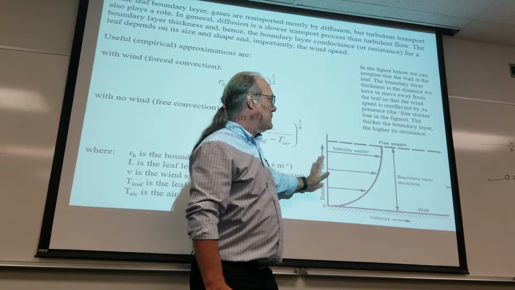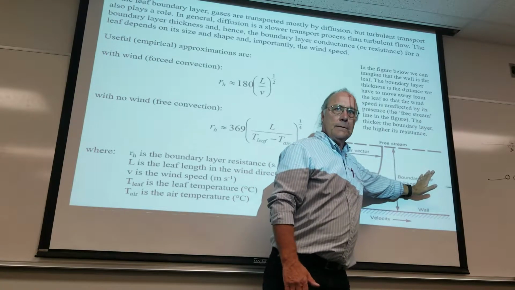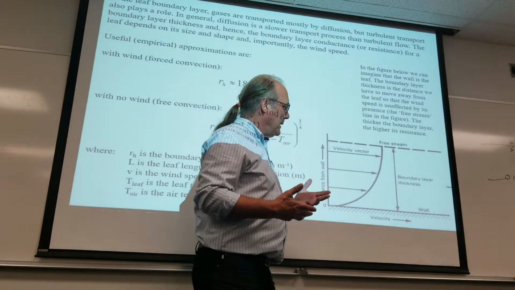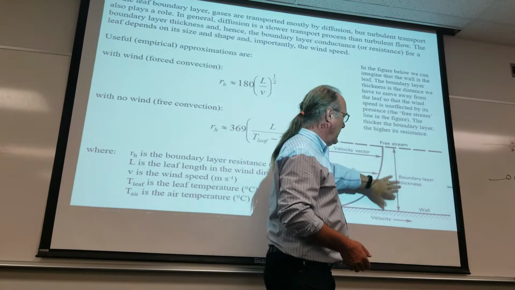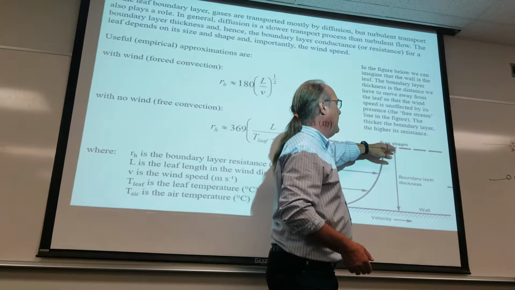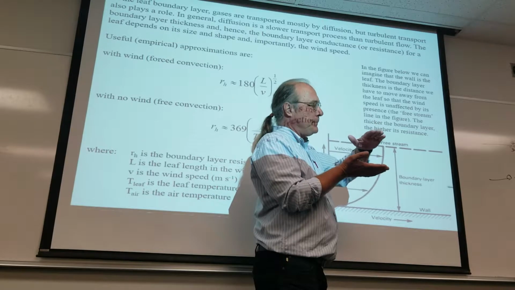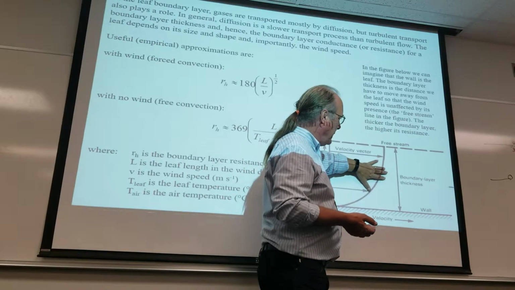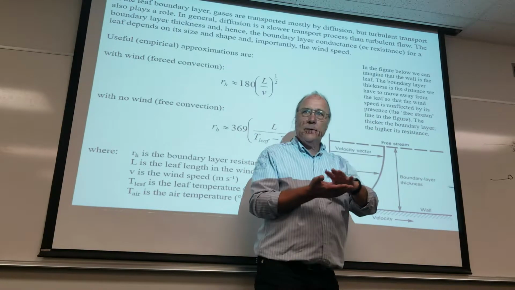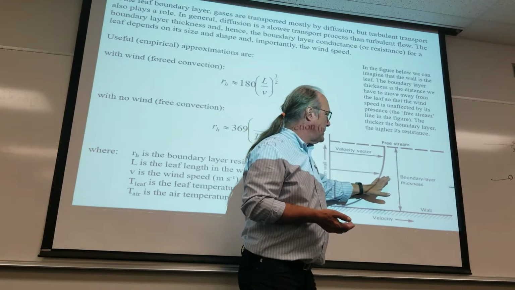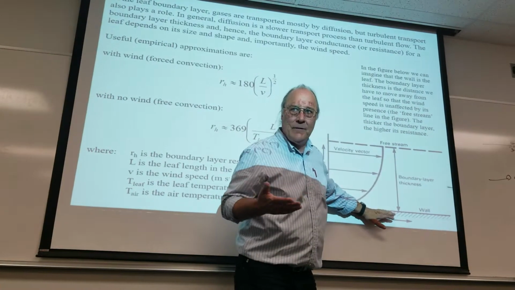And we've got an airstream moving over that leaf surface. What the boundary layer is, is a layer of air next to the surface whose characteristics are distorted by the presence of that surface.